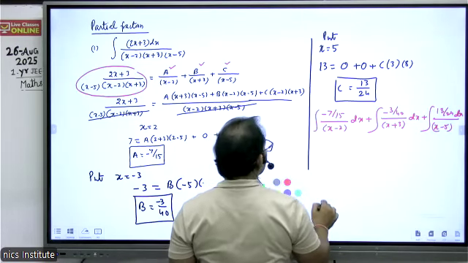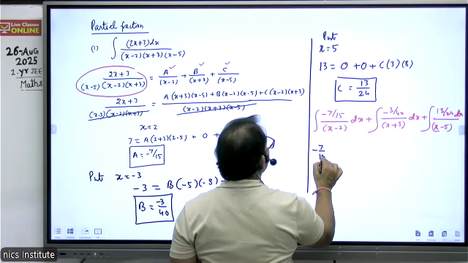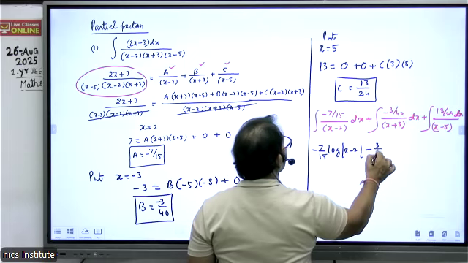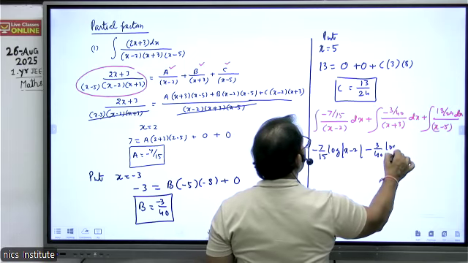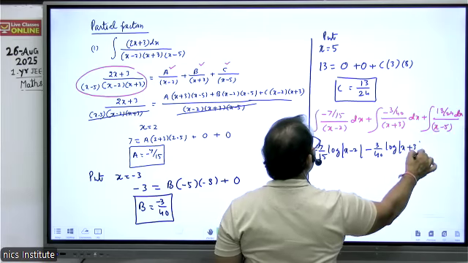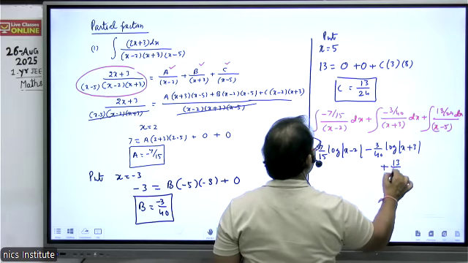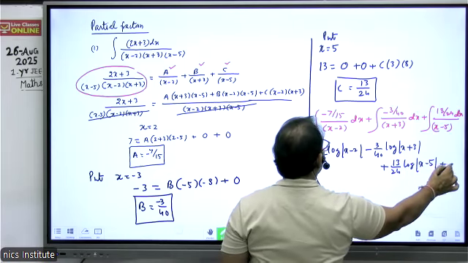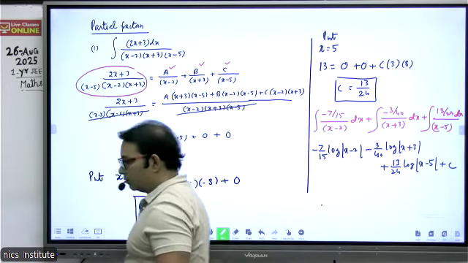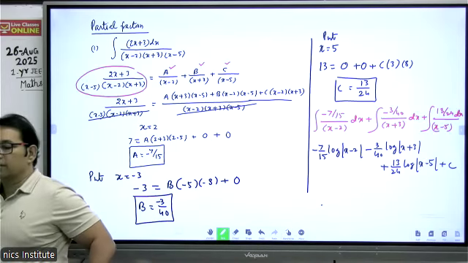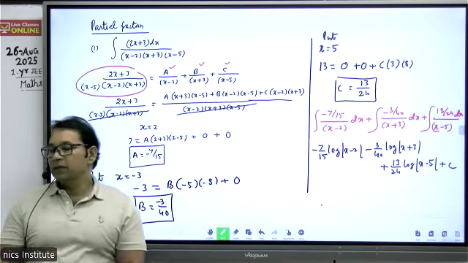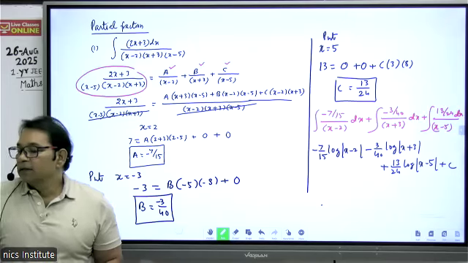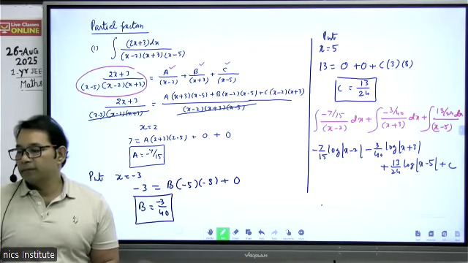So this integral is now -7/15 log of mod of x minus 2 -3/40 log of mod of x plus 3 plus 13/24 log of mod of x minus 5, and write C also. So this is when you have all linear factors in the denominator.